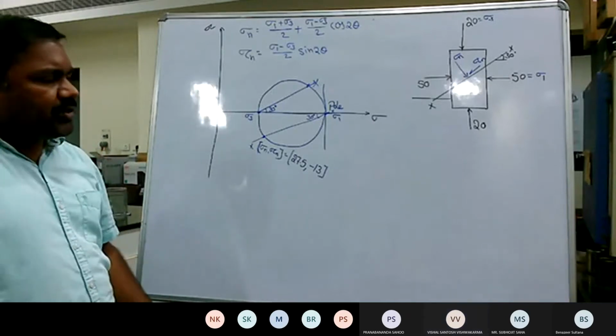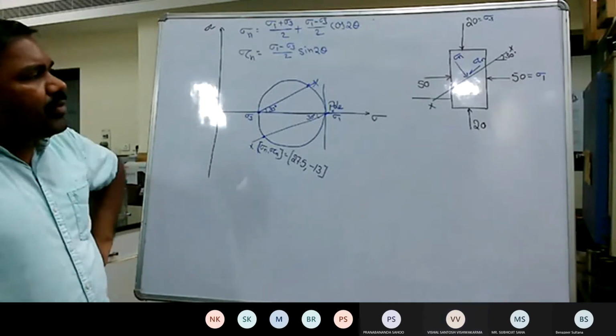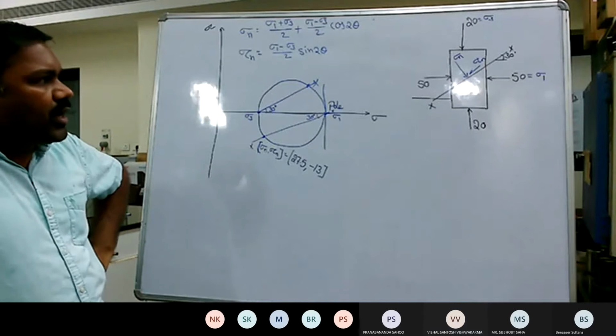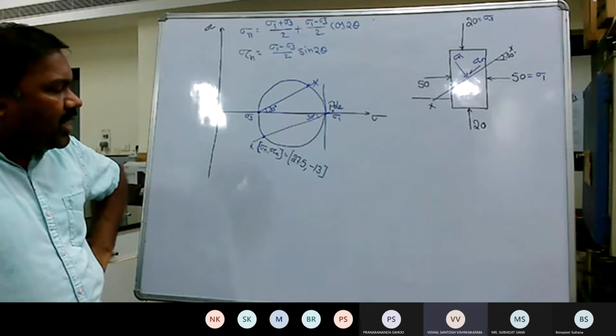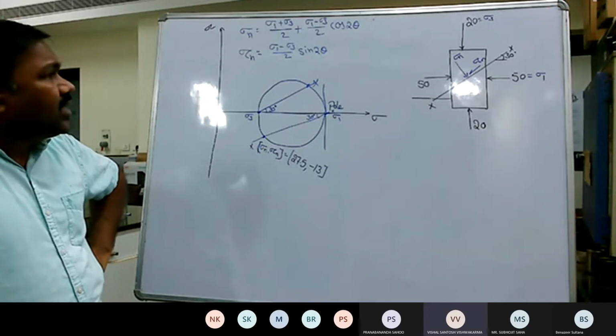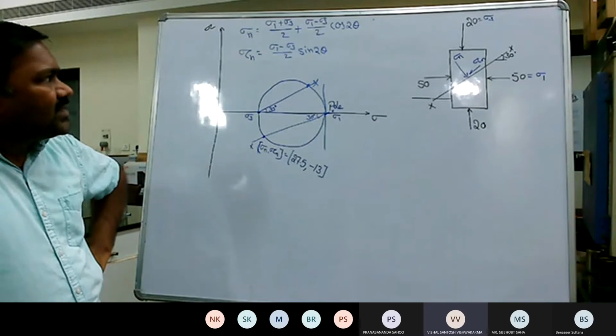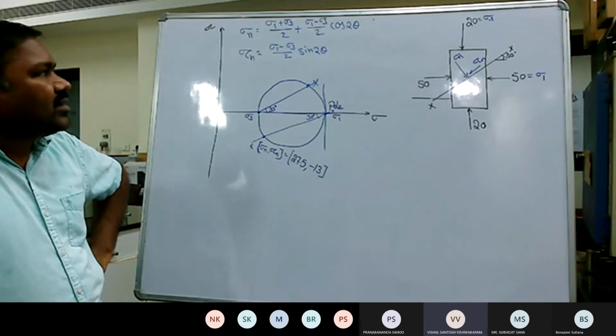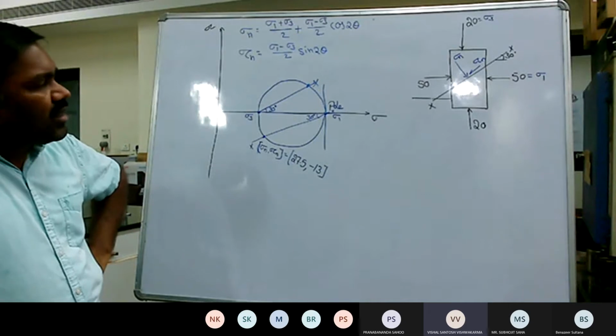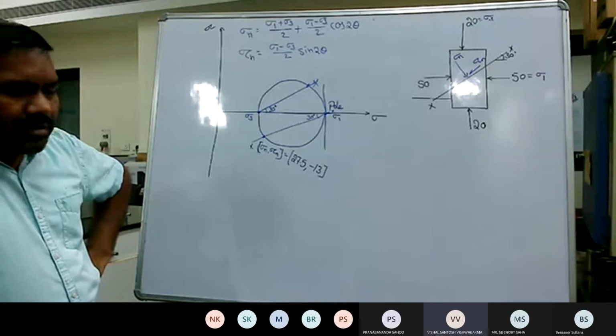Others, can you please check it? So sigma is 50 plus 20 divided by 2 is 35, and plus 50 minus 20 is 30 divided by 2 into cos 120, and cos 120 when we find, sir, okay, let me check, sir.